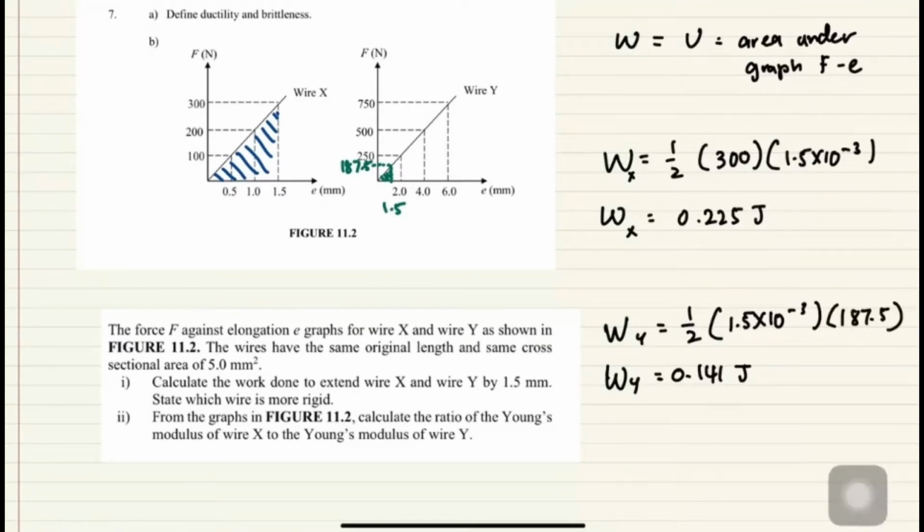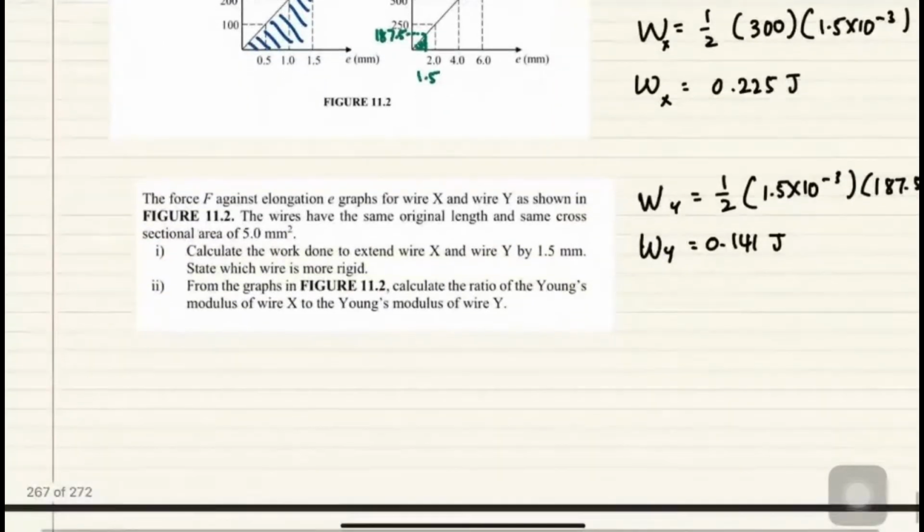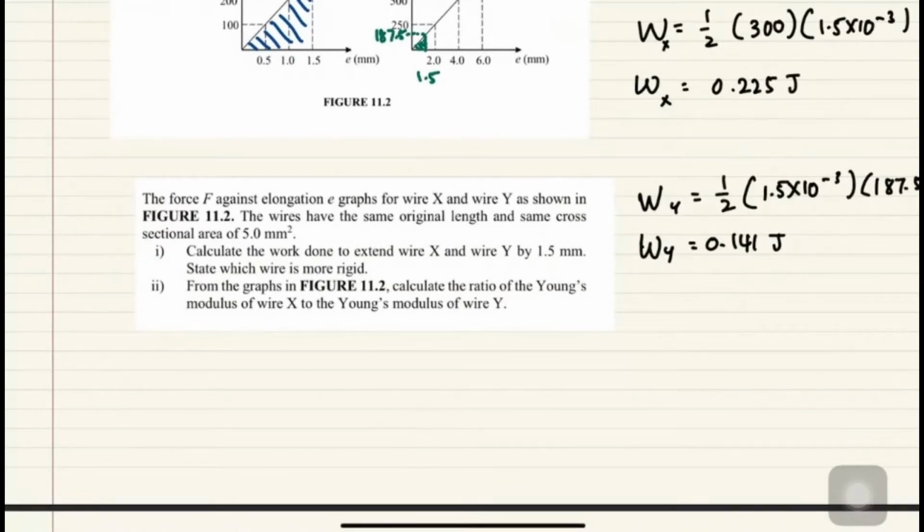Okay, and then if you want to compare or you want to determine which one is more rigid, you have to look into the values for Wx and Wy. So here Wx is bigger than Wy, so it indicates that you required more work to extend the same length.